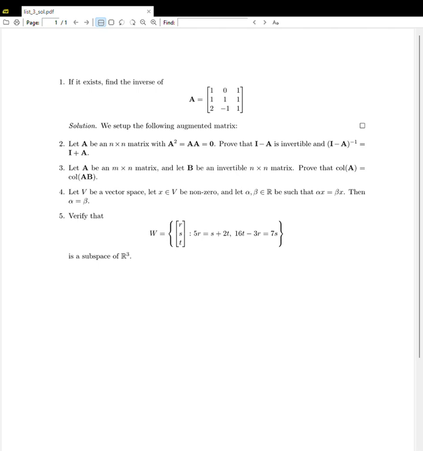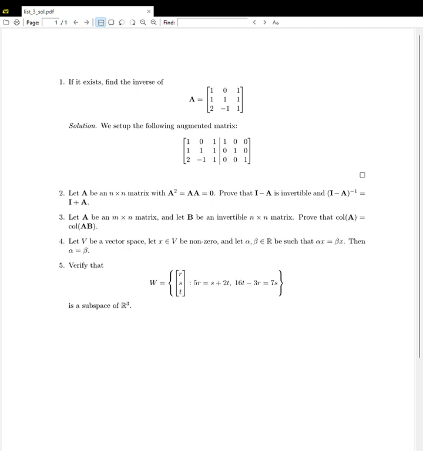And here's the augmented matrix. So the idea here is that now we will compute the REF, and the row operations applied here. If this is row equivalent to the identity, we'll pick up the identity matrix on the left, so that will detect if we are invertible or not.